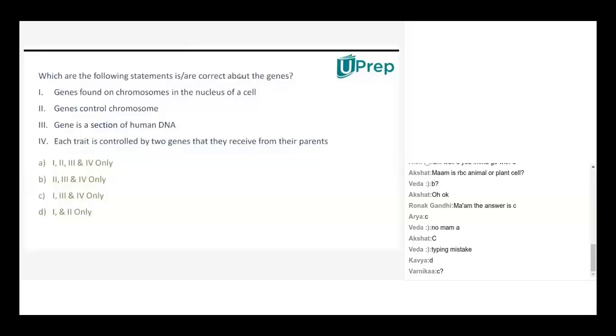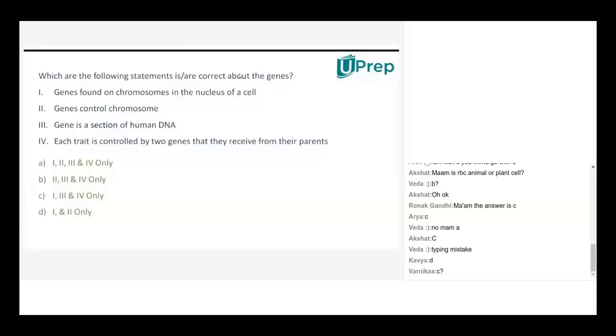Then the third Roman, gene is a section of human DNA, isn't it? That's also correct. Then the fourth one, each trait here stands for character. And the physical appearance, I compared the nose shape, eye size, combination of skin color, all these are nothing but the traits in biological growth.